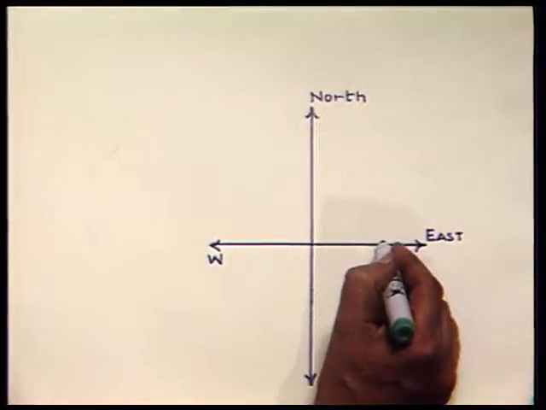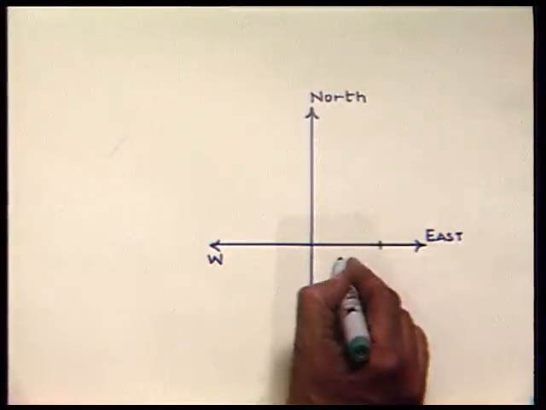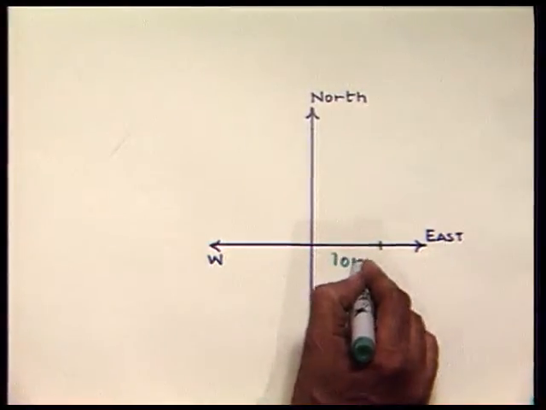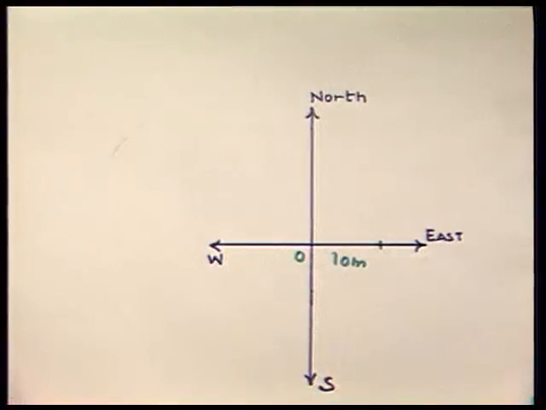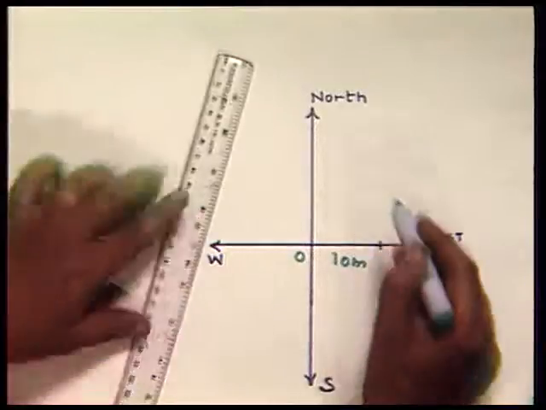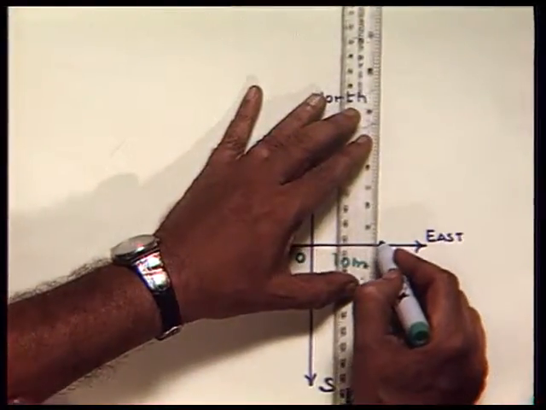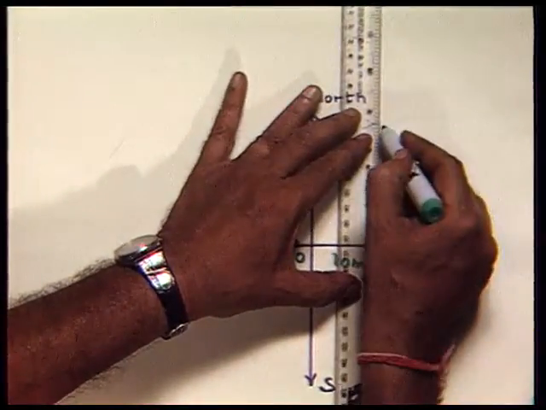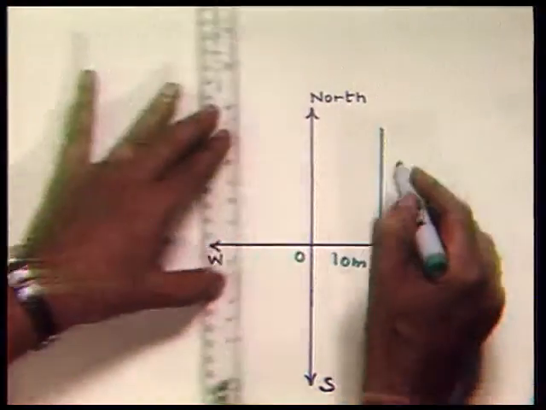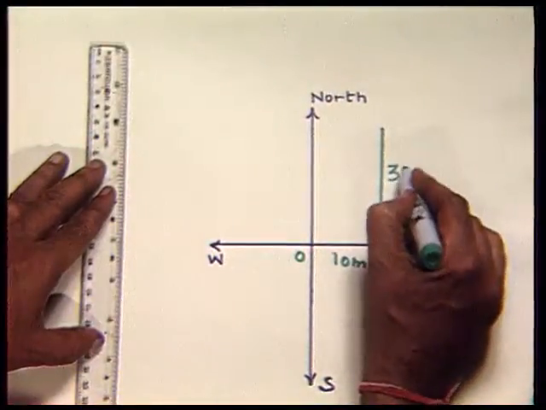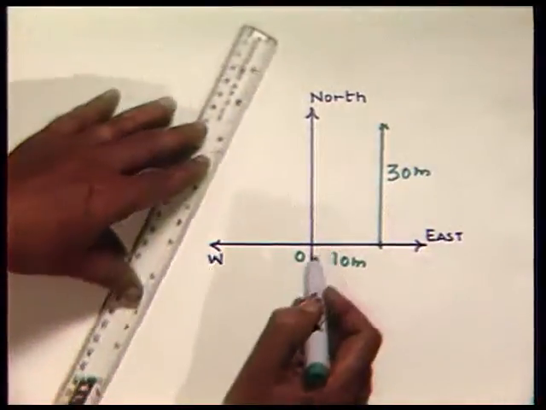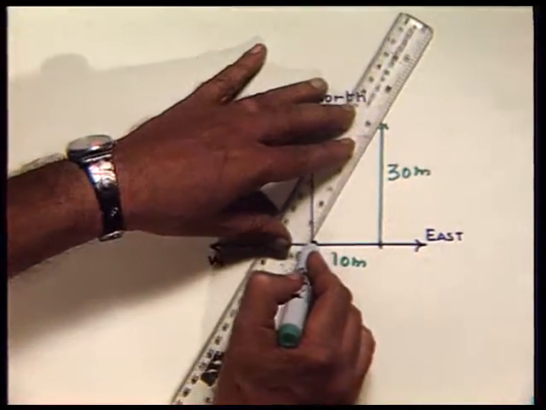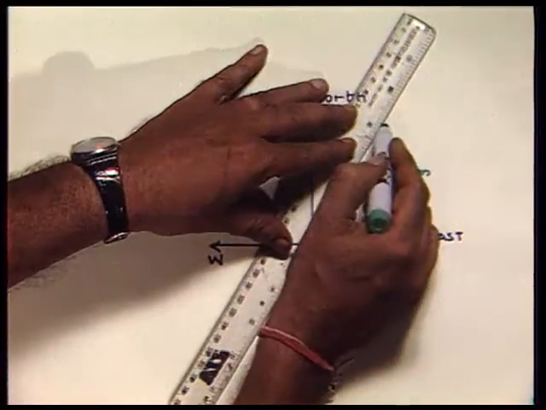So, he first moved a distance of 10 meters from O, and then he moved a distance of 30 meters due north. That means he went in the upward direction towards north, and that was 30 meters. Now, the man finally is at this place. So, what is the distance between these two points? This we have to calculate.